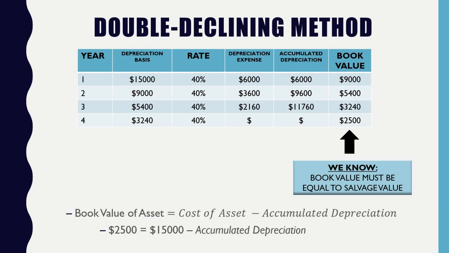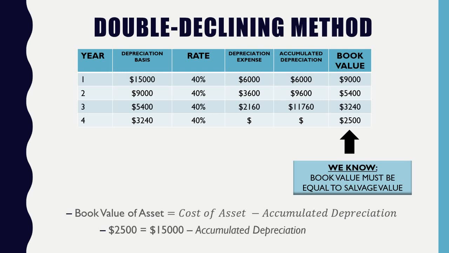Well, what we do know is that we have the salvage value at 2,500. But if we take the formulas that we've been using in order to solve for it, how do you solve for the accumulated depreciation?